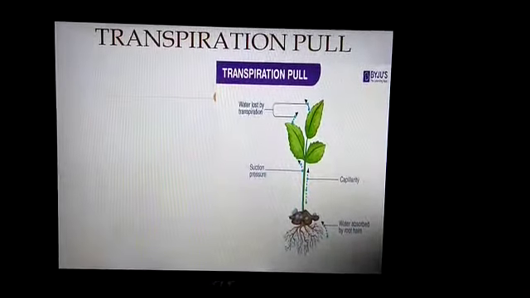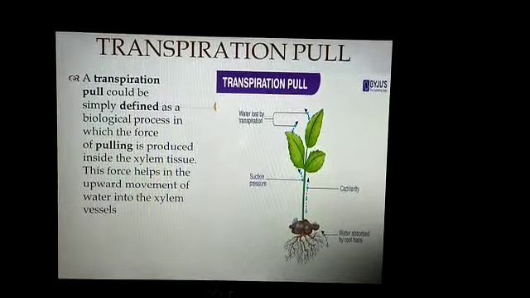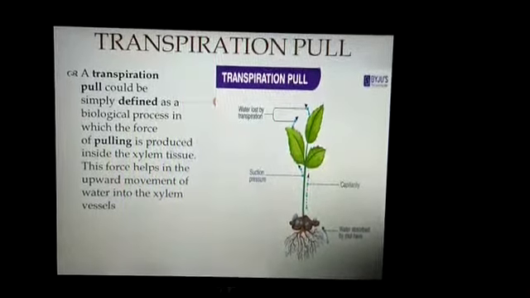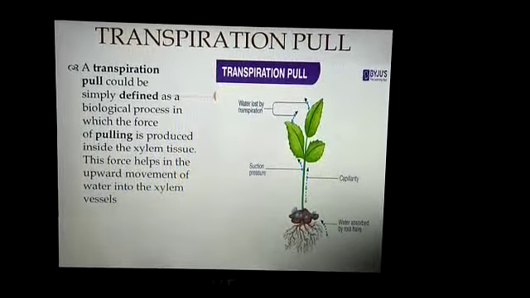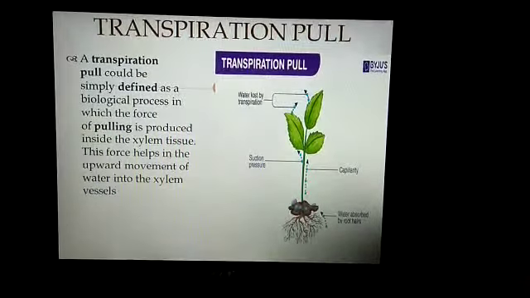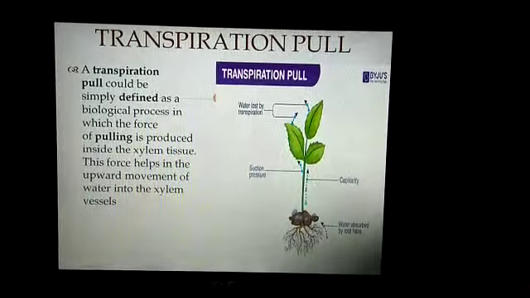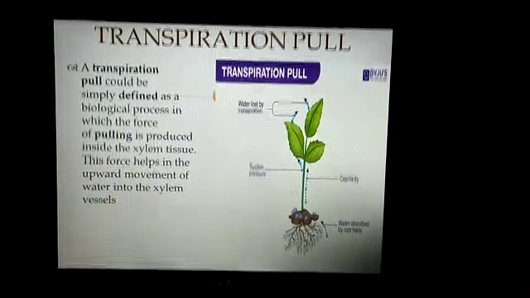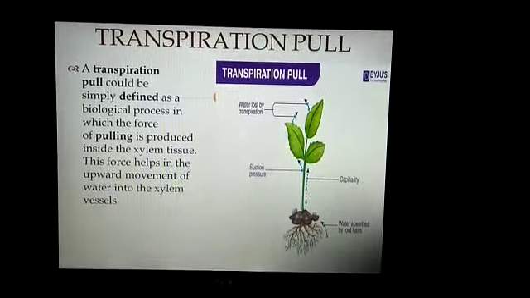Next is transpiration pull. As a result of transpiration, a suction force is created in the aerial part of the plant, and that force causes the water to be pulled up from the roots to the stem and then leaves.